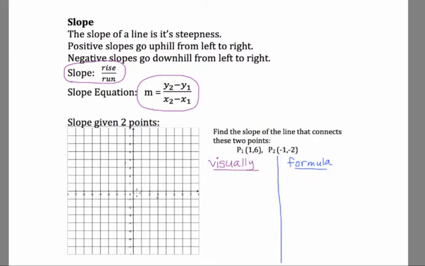So the first point is (1, 6). X is 1, y is 6, right here. The second point is x is -1, y is -2, right there. So my line will connect those 2 points.